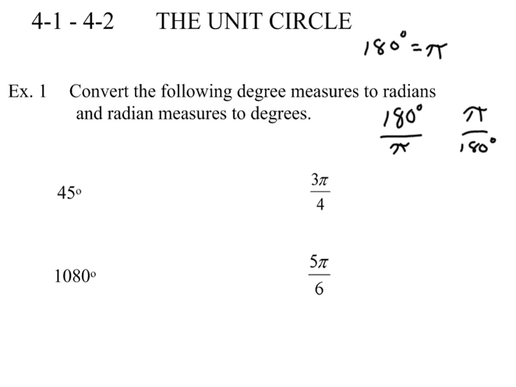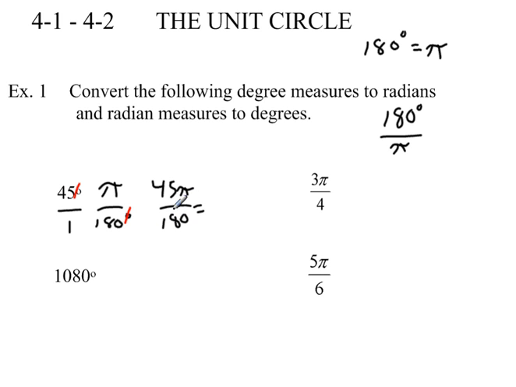So if we take this quantity right here and multiply it by 45 degrees, multiplying top times the top, bottom times the bottom, these degree signs will simplify and be gone. So we'll be left with the quantity 45 pi over 180, which if you simplify this fraction here, you'll get pi over 4.